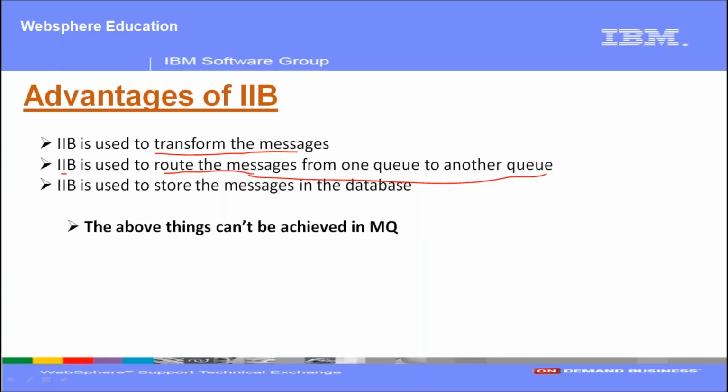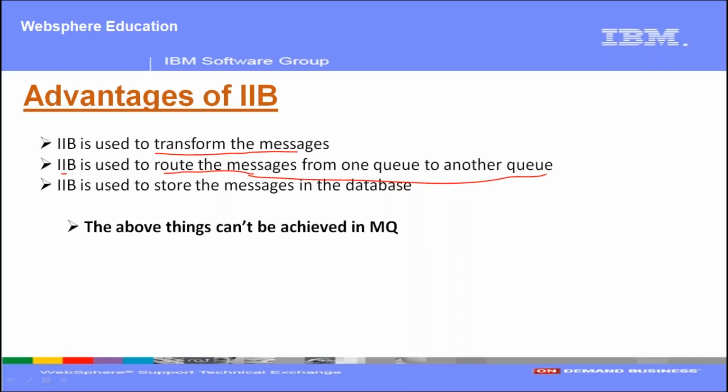We can create our own database and connect our message broker to that particular database. Whenever one copy is processed by the application, we can store another copy in the database so that we can track it anytime in the future when we need. So that is another advantage of IIB.